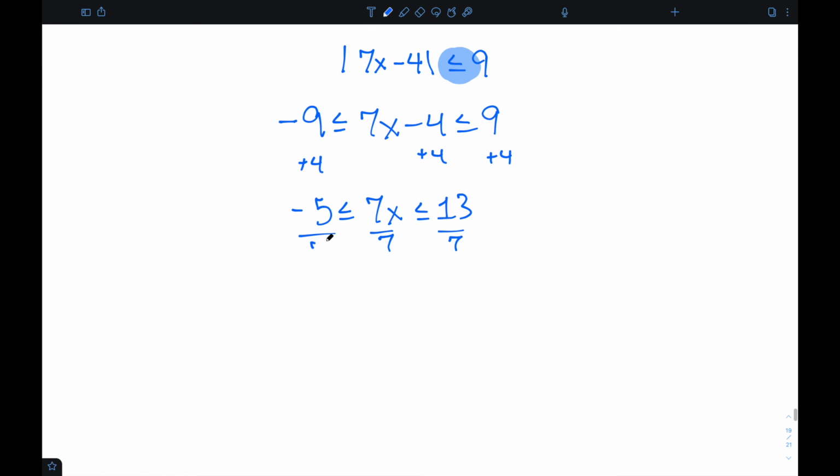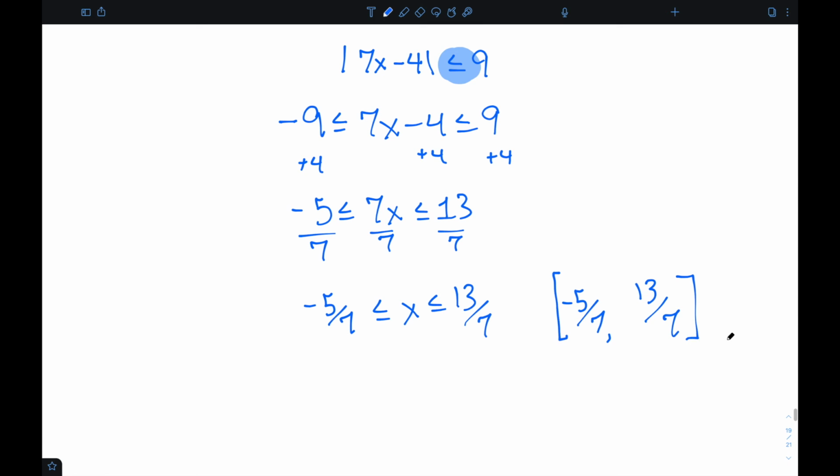We divide all three sides by 7 to get -5 over 7 is less than or equal to x is less than or equal to 13 over 7. So the smallest it can be is -5 over 7, and the biggest is 13 over 7. And we use square brackets to indicate that we are allowed to include the endpoints.